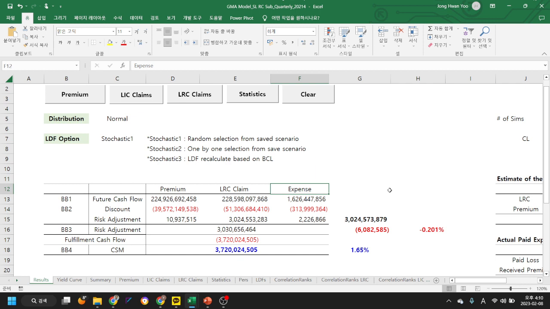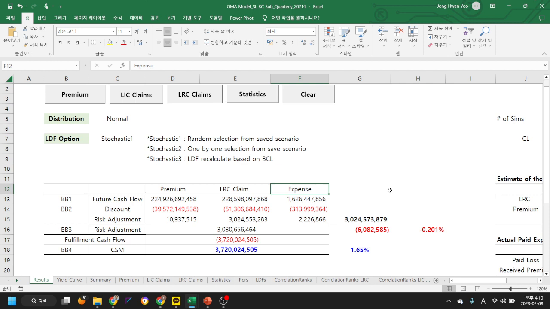What I have done is that I just have premium and claim payment information here. So I just assume a fixed percentage of premium and claim and some additional proportion to reflect the overhead expense.